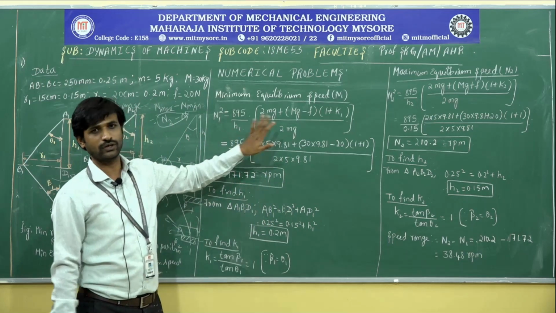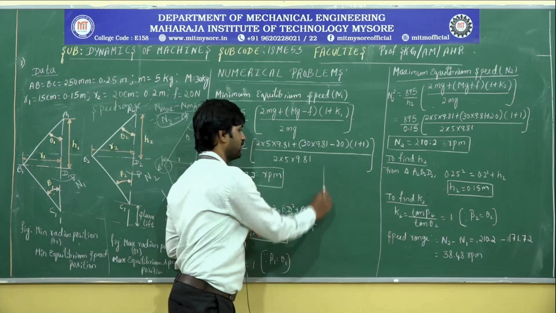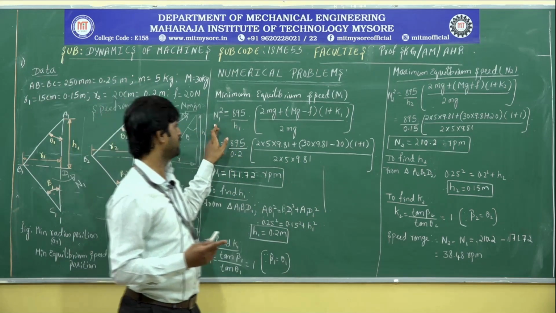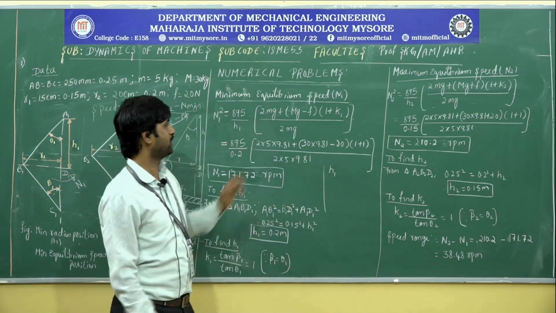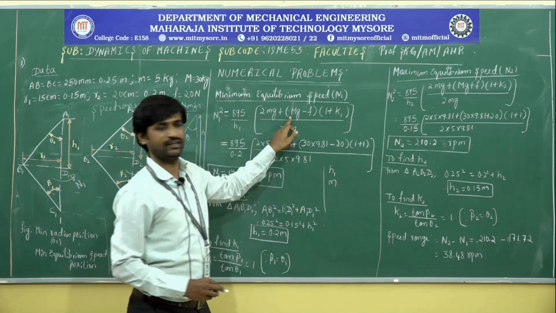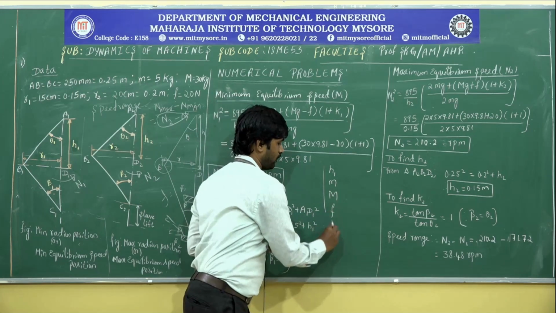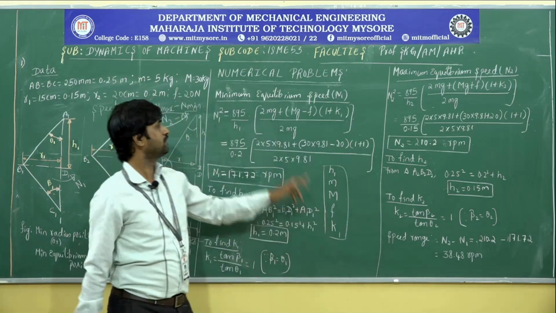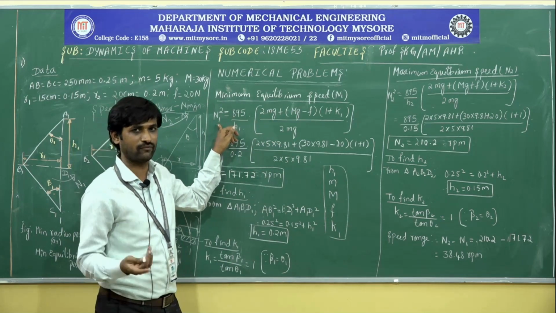If you carefully look, this equation consists of the following terms. If I want to calculate the value of N1, I need the following parameters: one is the value of H1, then I need the value of small m, then the value of capital M, and then F followed by K1. If I calculate these terms, then I can substitute them in this equation and calculate the value of N1.